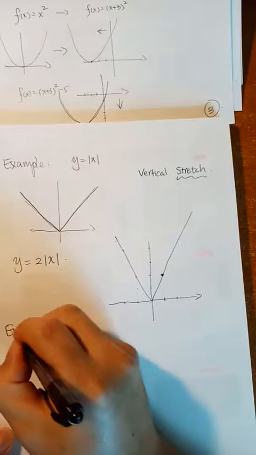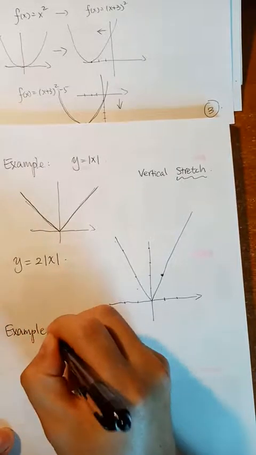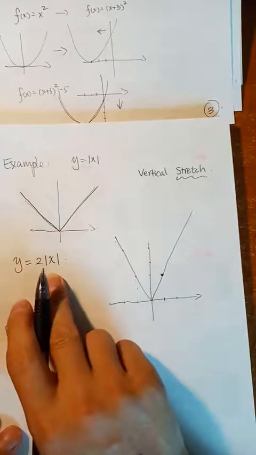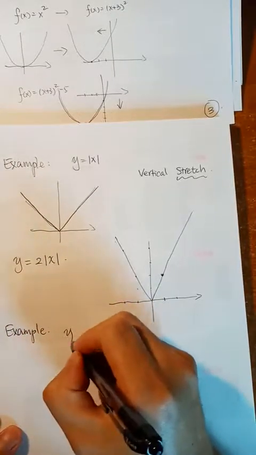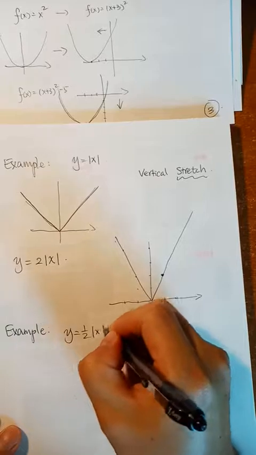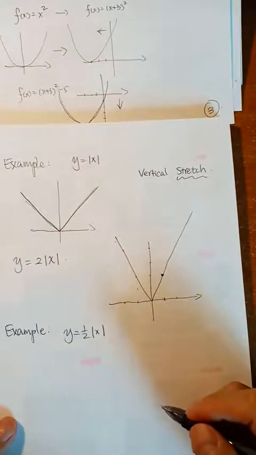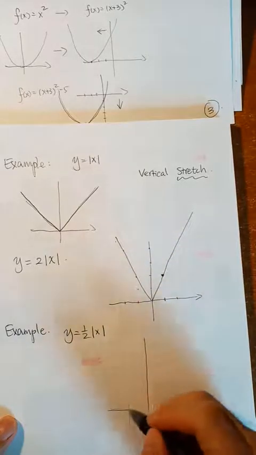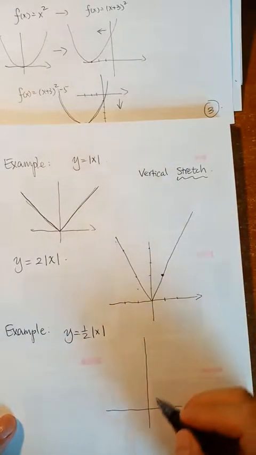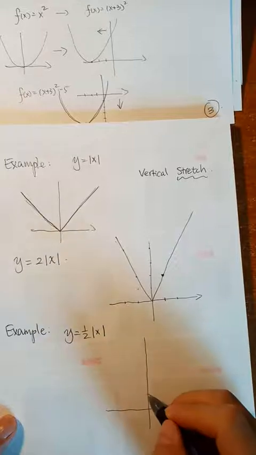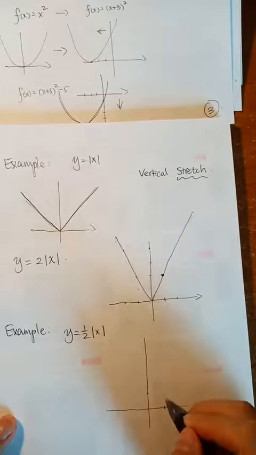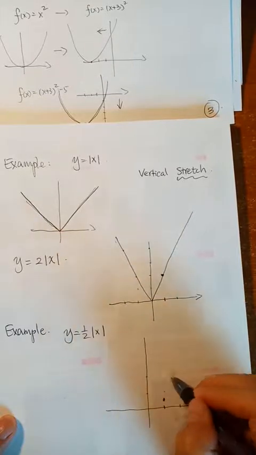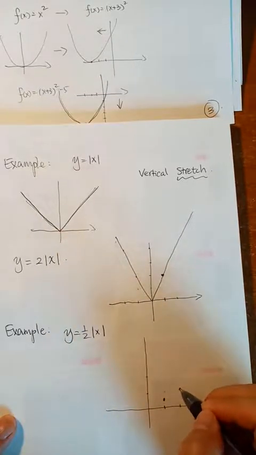And now we study y equal to 1/2 of the absolute value of x. Then what's that? You check, you get a similar process, but a different graph. When you have 1, absolute value of 1 is 1, but times 1/2, it becomes 1/2. When you have 2, absolute value of 2 is 2, but times 1/2 is 1.